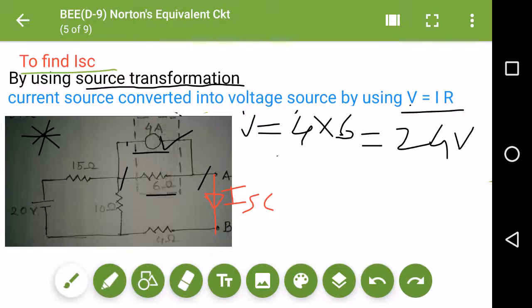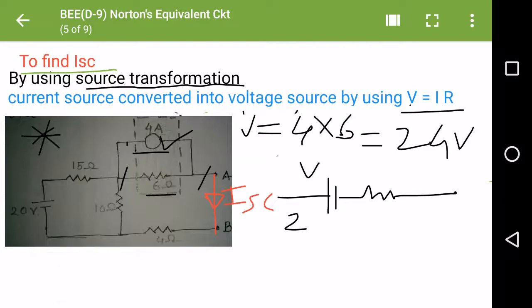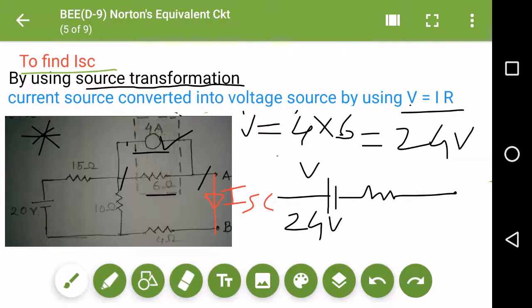So the voltage of this branch will become 24, and my branch will look like this: the voltage source and the resistance. This is my voltage, that is 24 volt, and this is my resistance, that is 6 ohms, which is the same as over here.